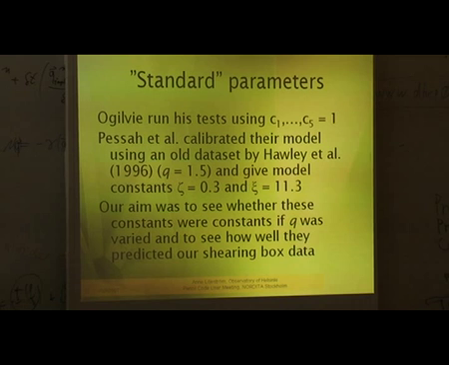Whereas Pessah et al. calibrated their model using an old data set by Hawley et al., a Keplerian set, and based on these old data, they give model constants for all Q. Our aim was to see whether these constants were constants at all when Q was varied, and to see how well they predicted our shearing box data.